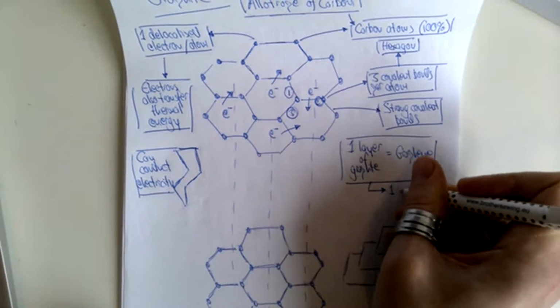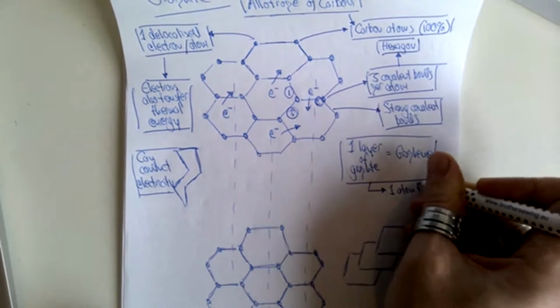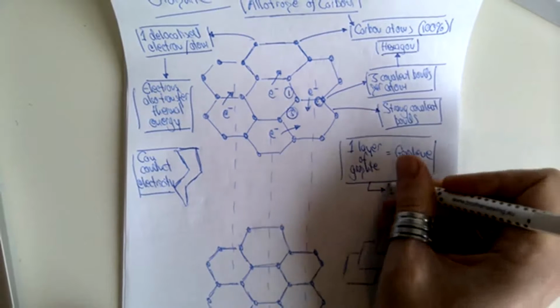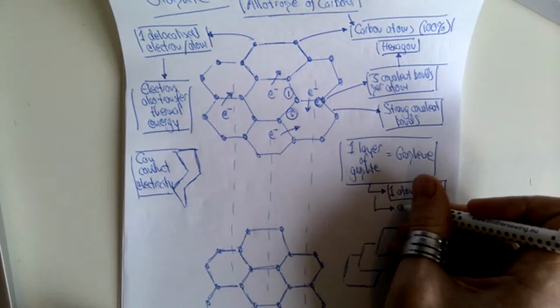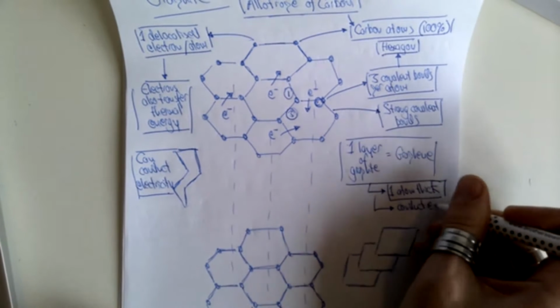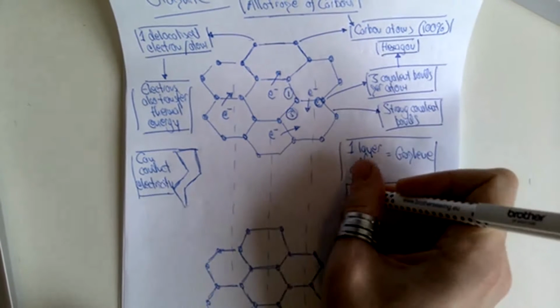Graphene is only 1 atom thick, so it's a very thin substance. But it still retains the ability to conduct electricity because of delocalized electrons. And it also means it's a very light and very strong material.